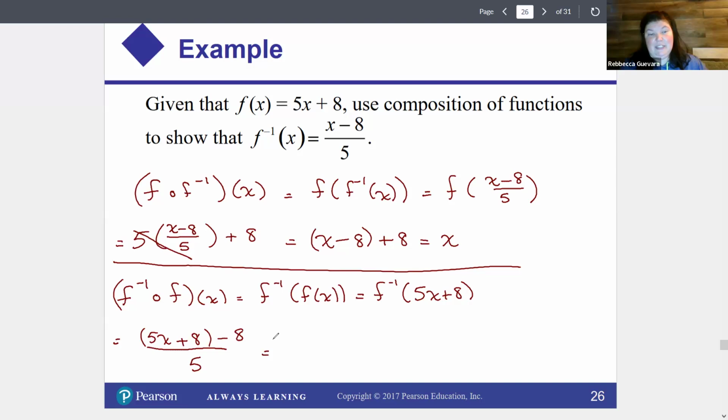So plus 8 minus 8, those cancel each other out, so we're left with 5x over 5. Those cancel each other out, and I'm just left with x. So like I said, this is mostly a way to test if two functions are inverses of each other. If the composition just produces x, then they were inverses.